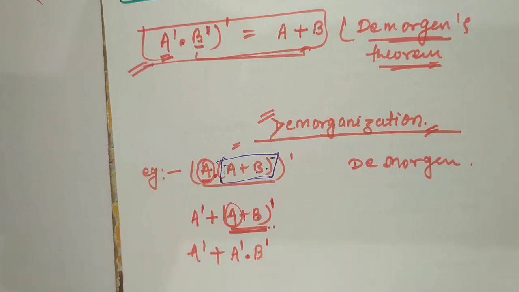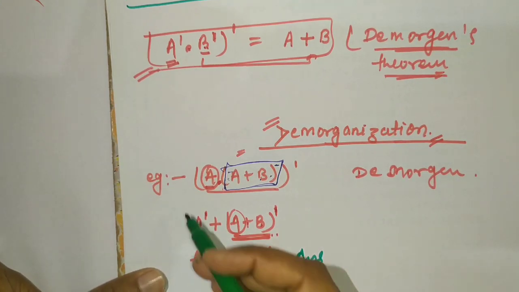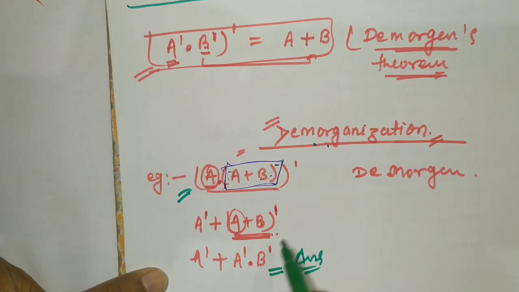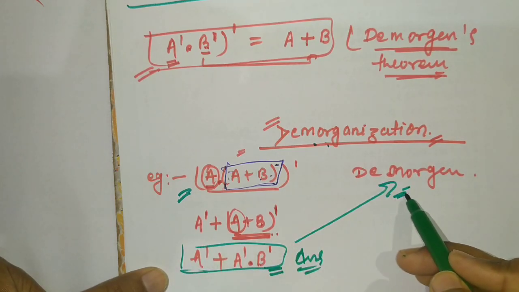This is the answer. If an examination asks you to solve a question by demorganization, it means solving it using De Morgan's theorem.